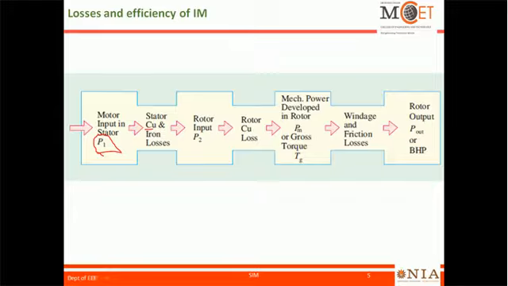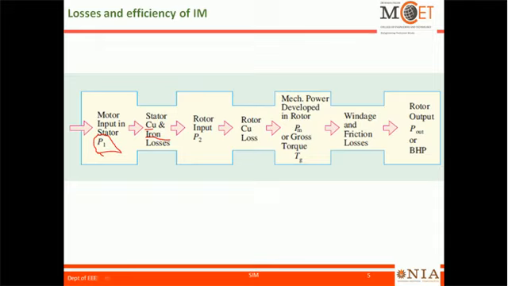And you know very well that the stator will have a core. Whenever we have a core, there is a possibility of iron losses, or the combination of hysteresis and eddy current losses.